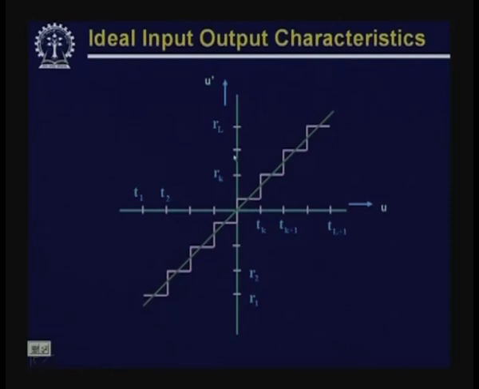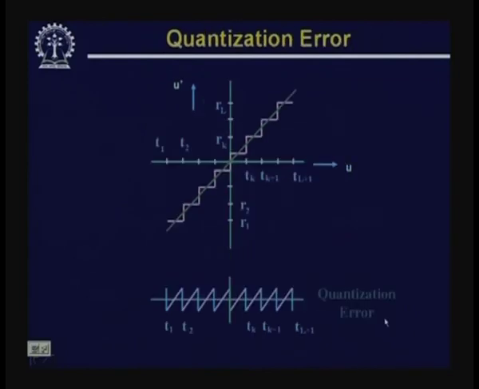If the input output function follows this green line, then for every possible input signal I have the corresponding output signal. But when you are using this staircase function, whenever the input signal lies within a certain region, the output signal takes a discrete value. Because of this staircase function, you are always introducing some error in the quantized signal. Now, let us see what is the nature of this error.